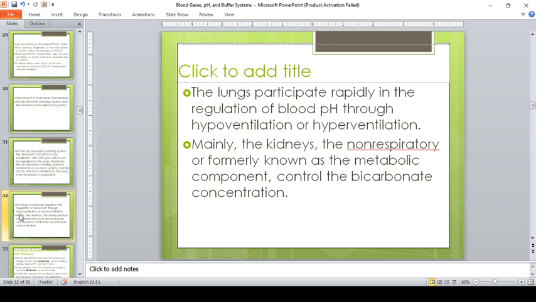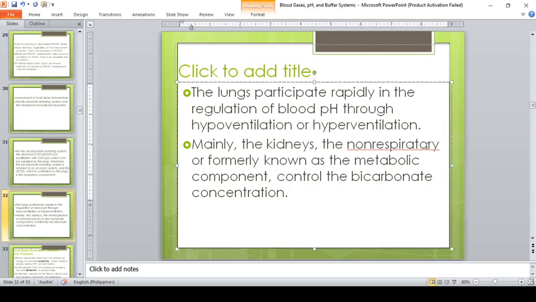The lungs participate rapidly in the regulation of blood pH through hypoventilation or hyperventilation. The kidney, the non-respiratory or formerly known as metabolic component, controls the bicarbonate concentration. So that is where respiratory acidosis and alkalosis and metabolic acidosis and alkalosis, which I mentioned earlier, come in. In older books, metabolic is the non-respiratory acidosis or alkalosis.